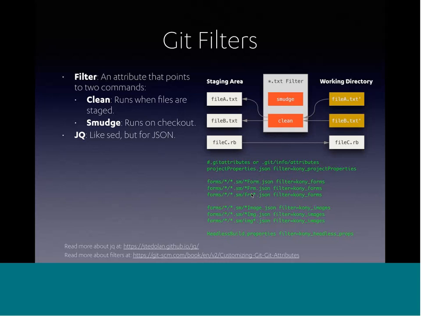Not really good for the project, but it's not really an obstacle here. And then for images as well, anything with an image suffix or an img suffix or an img prefix is going to get the filter called Kony images applied. Okay, and then for the headless build properties file, if you're going to version it, then you can also apply a filter for that as well. And I'm going to show you what those filters should look like.